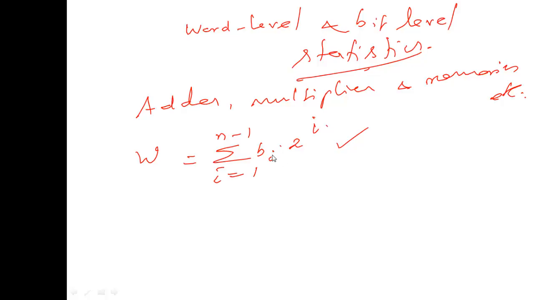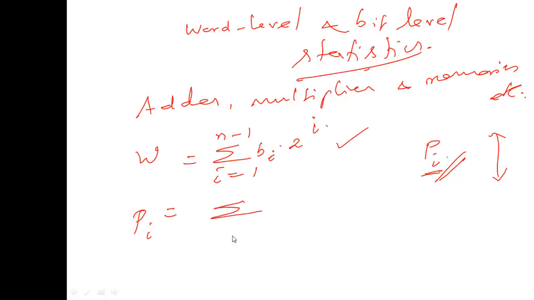Now, any particular bit in this word, if it is going for changing from 0 to 1 or from 1 to 0, if I know the probability of each bit p_i changing across the whole sequence of operations, and if I am able to sum it up for each of the 0 to n minus 1 bits of all the bits in the word, then I have a way to find out the power dissipation in the particular set of words and the transformations among the words.